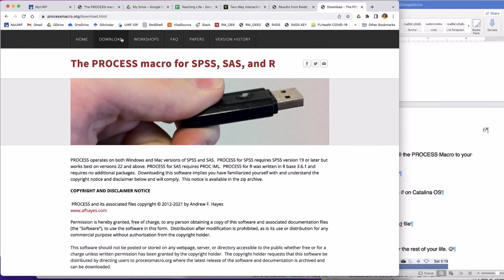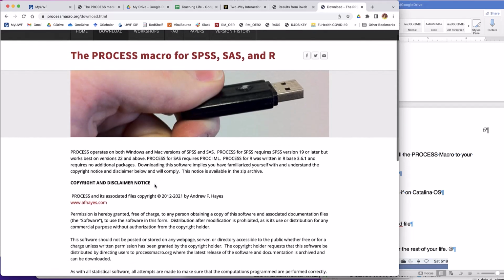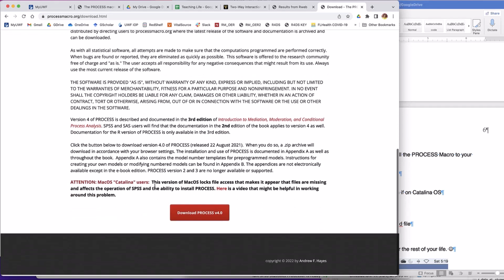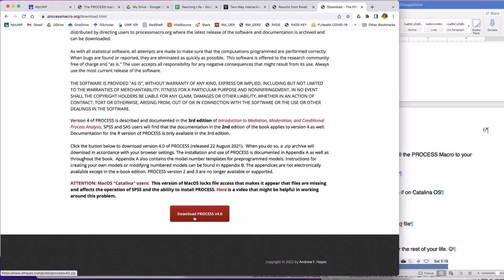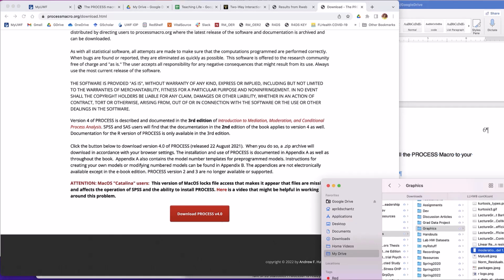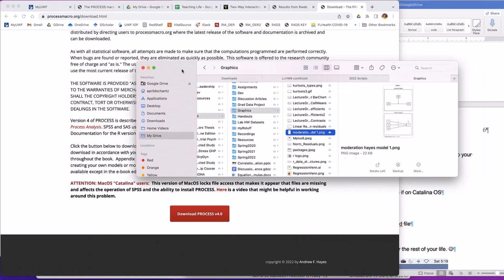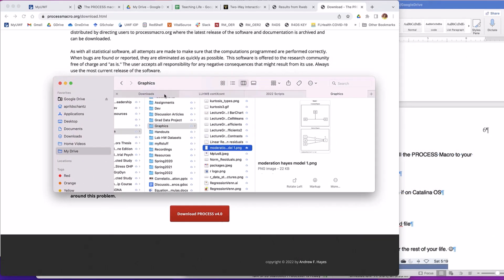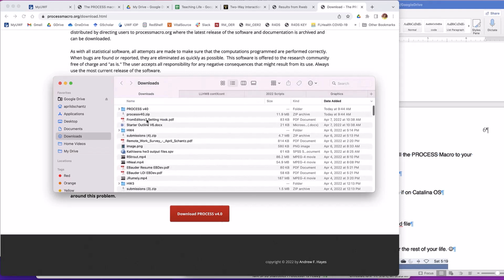There it is. Download, and it's got a little disclaimer, and then your downloads at the bottom. When you download that, it's going to drop a zipped folder into your downloads area, like that, process 4.0 zip.